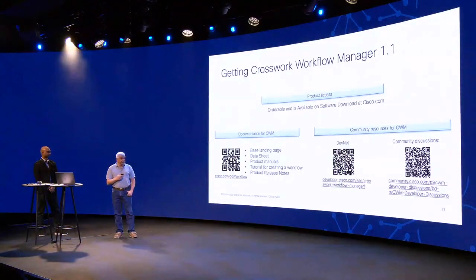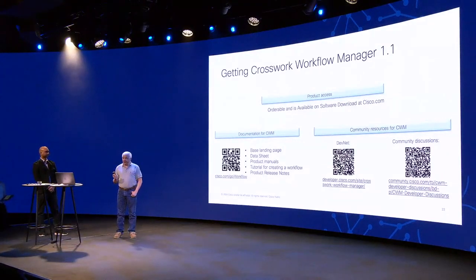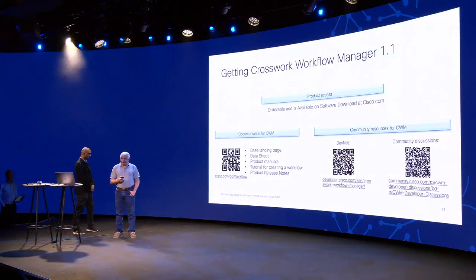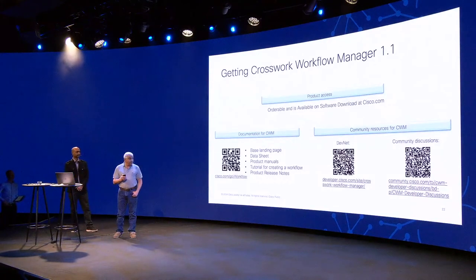The documentation is all available there. We also, as Nicholas pointed out earlier this morning, launched our discussion capability on the community and also access through DevNet. It's all brand new. It's only a week old, so there's not a lot there yet, but we're hoping to get a lot of interaction going there.